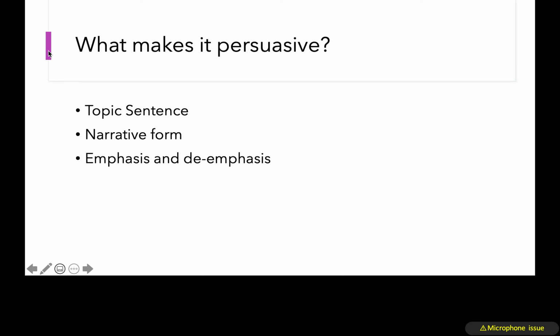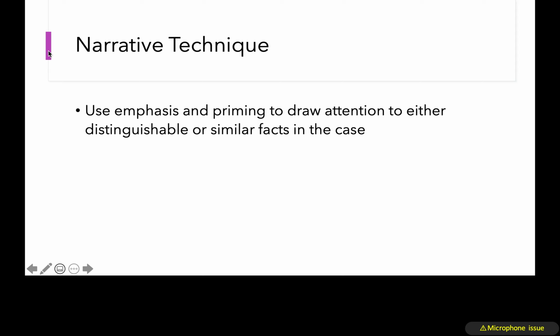What makes it persuasive? Well, for starters, those topic sentences that we're working on play a really major role. Priming is so important. The narrative form can also help us, as well as using techniques for emphasis and de-emphasis.